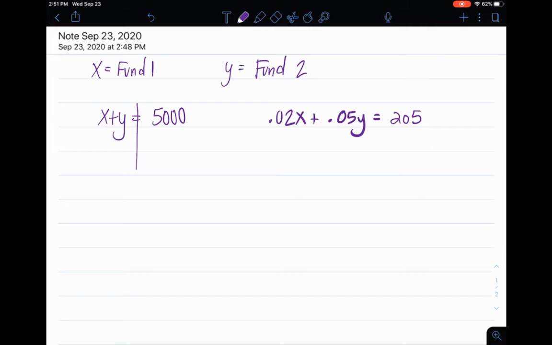On your paper, did they solve for Y? They solved for Y? So let's solve for Y just so we can check ourselves.